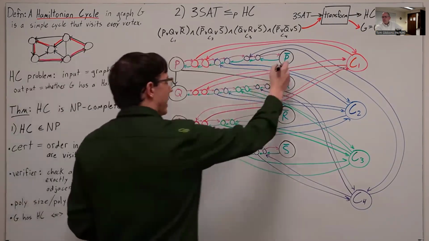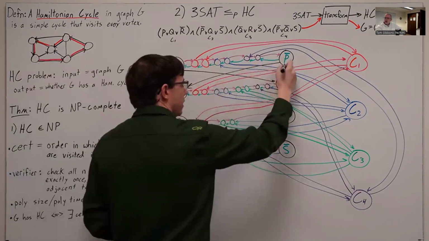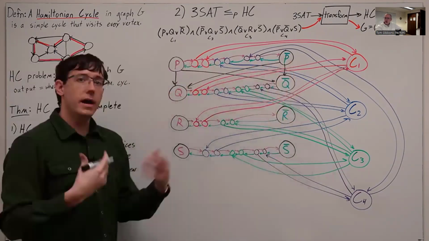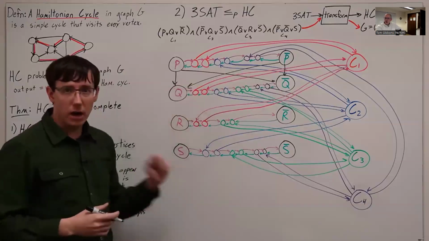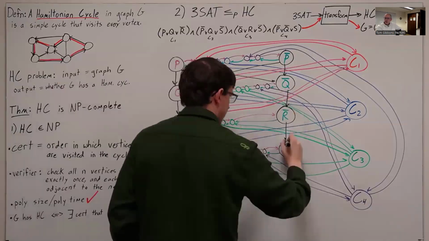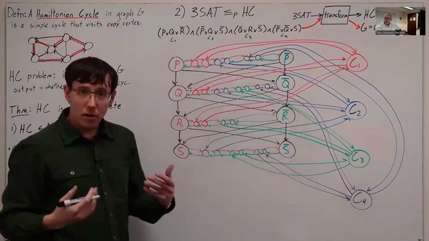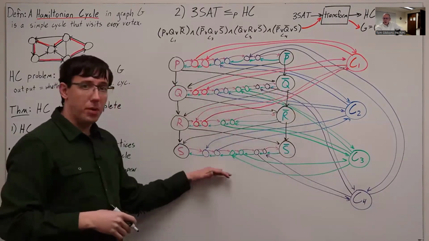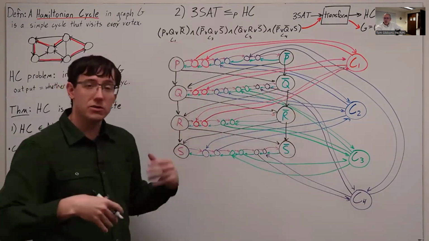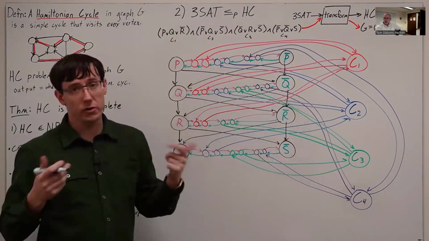And likewise, we'll add edges from not P to both directions of Q, and the same for each of the other rows. And also from the bottom row to the top row to allow us to complete the cycle back to the vertex where we started.